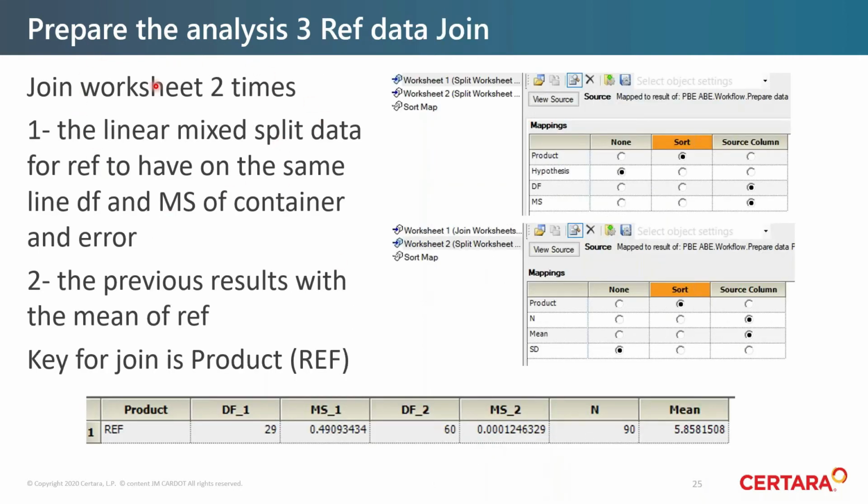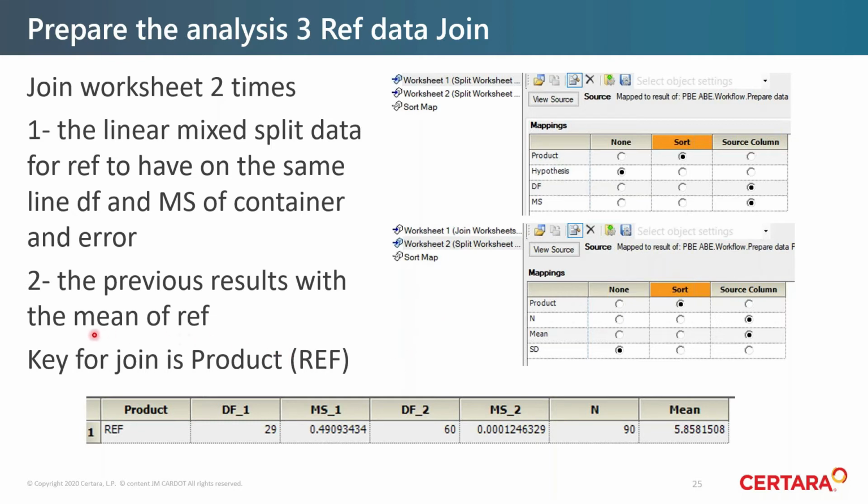When I am going to have that, I'm going to join them. I am going to join all these single, very small files to have everything in the same line for the test, and I will make the same thing for the reference. That means I'm going to merge, in this case, my container and my error files for the reference, and I'm going later on to make the same thing with the mean value.